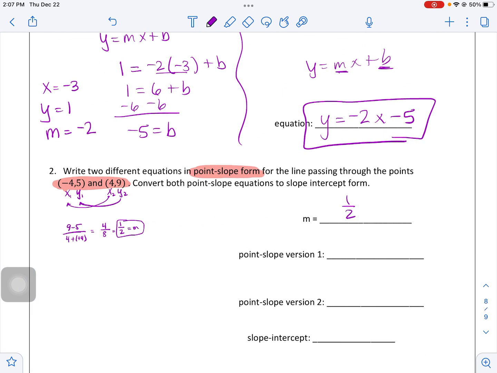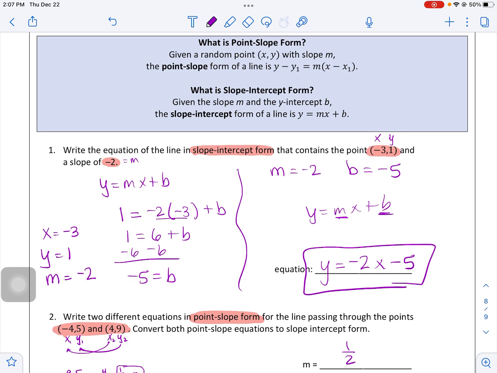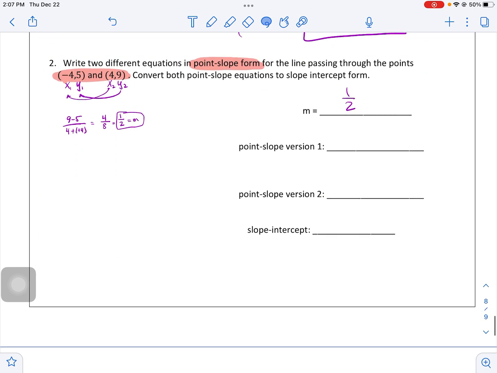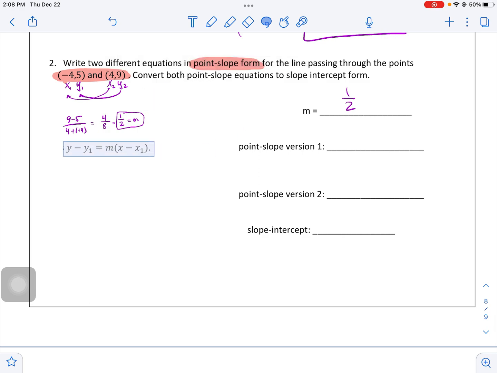So now I've got to find point-slope version 1. Let's reiterate what point-slope was again. Here is your point-slope equation. Copy it and bring it back down. The only things we're going to do is replace the y1, the m, the x1.